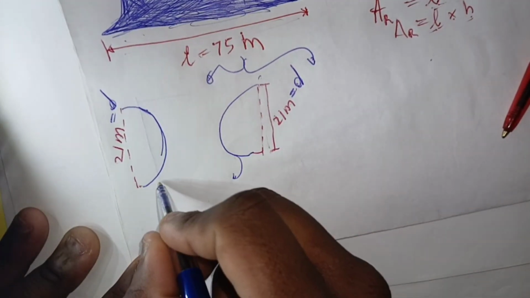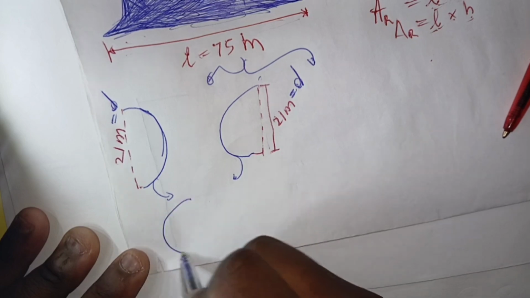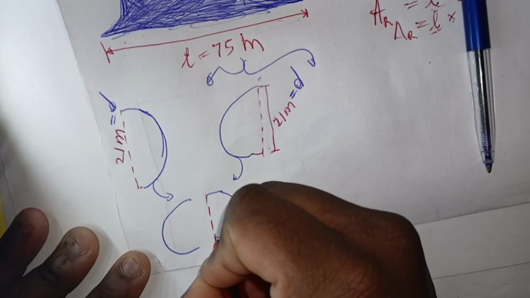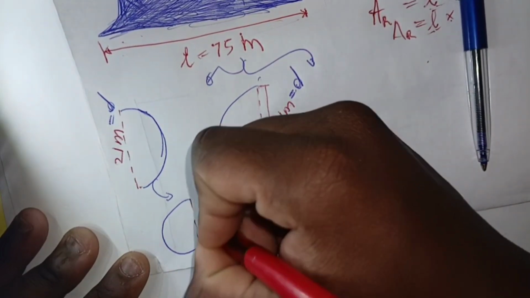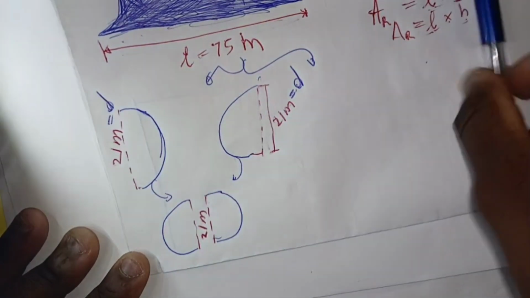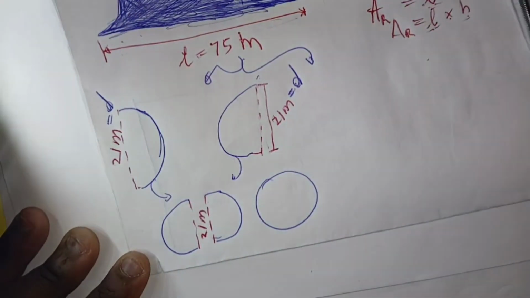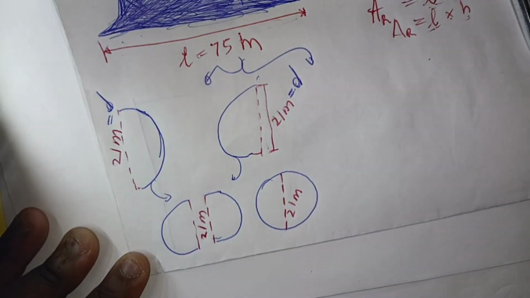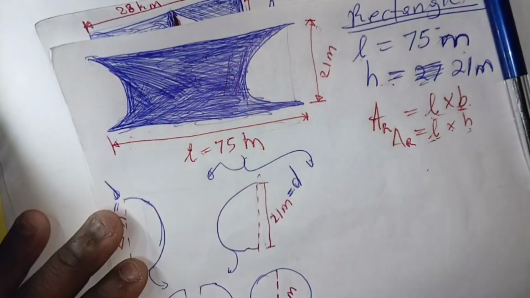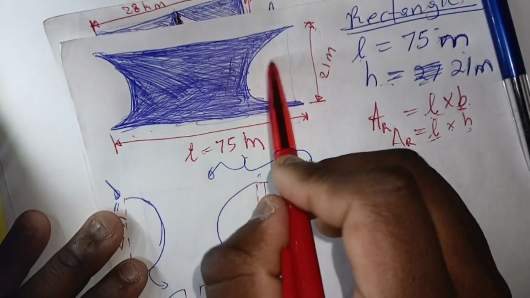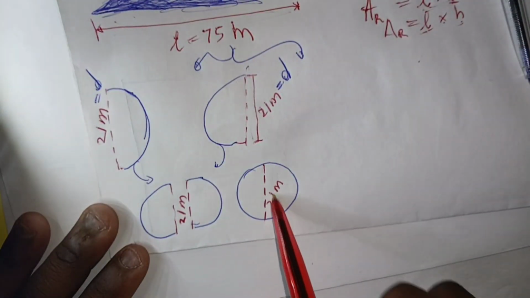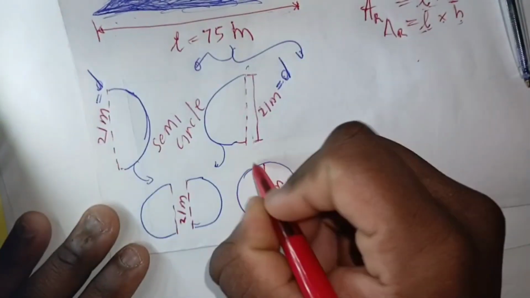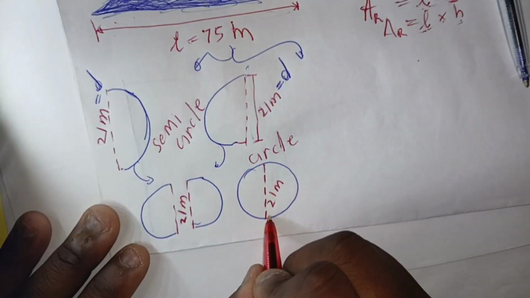If I combine them, and you know the distance there is 21 millimeters, they form a circle which has this diameter, 21 millimeters. Do you see that? So when you see two semicircles, it is the same as a circle. When you combine two semicircles, they will form one circle.